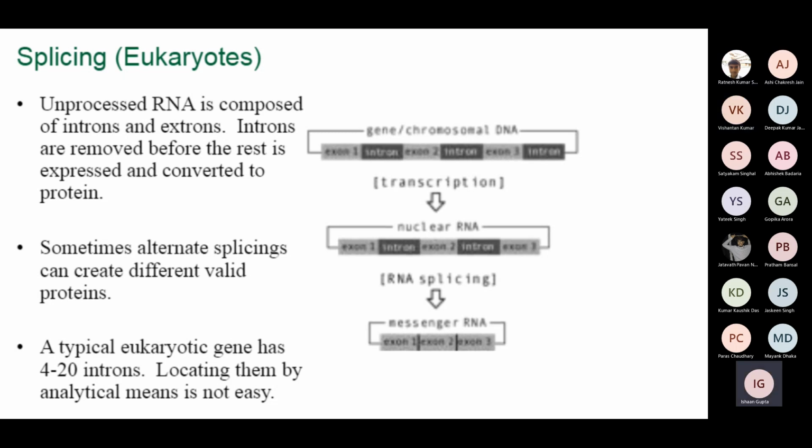So basically you can have 2 to the power n different combinations, and therefore you can make 2 to the power n different kinds of proteins from the same code. This is something which is specifically happening in the case of higher eukaryotes, such as humans, who have a lot of complexity.